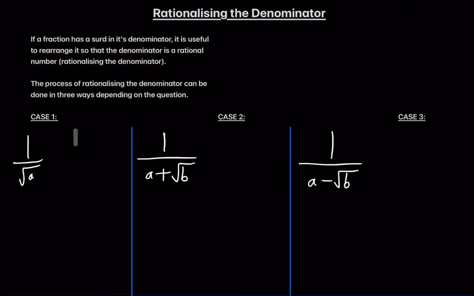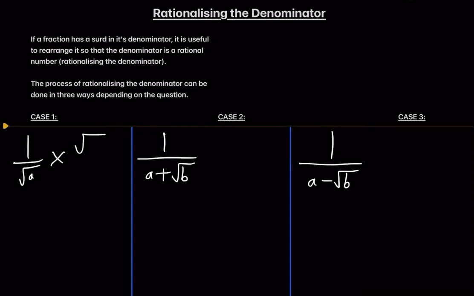So let's start with case 1, and let's see how we would go about rationalizing the denominator of this particular fraction. Well, what we would have to do in this case is multiply the numerator and the denominator by root a.